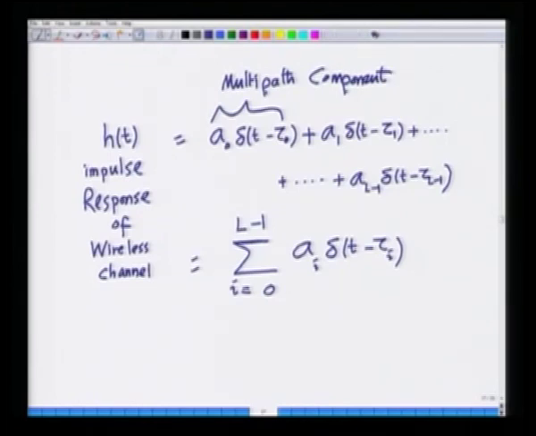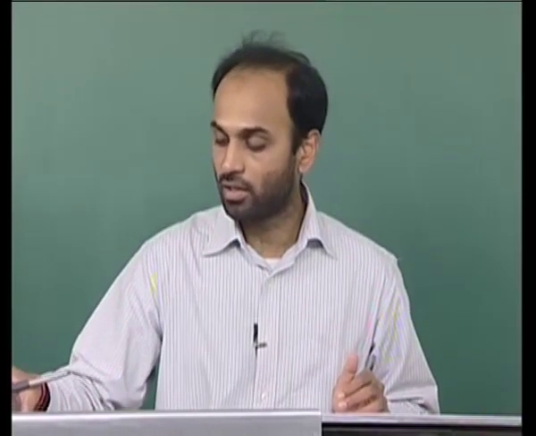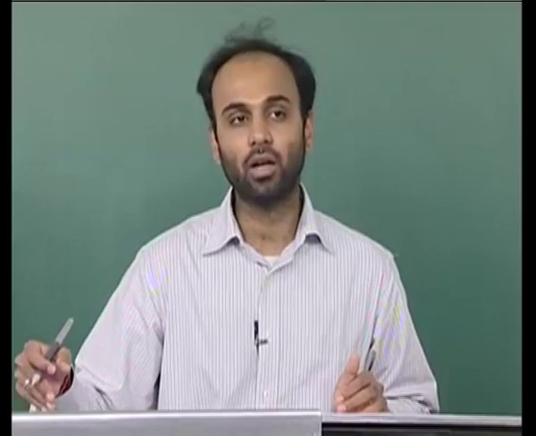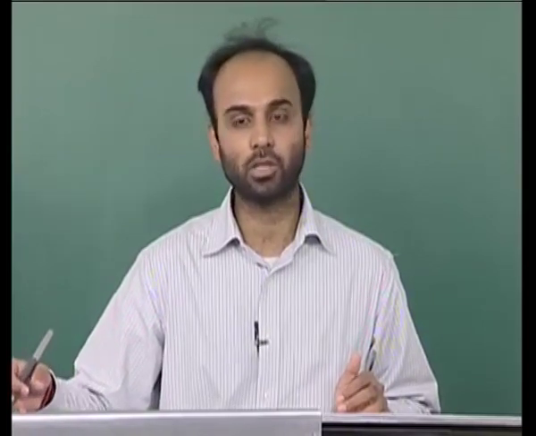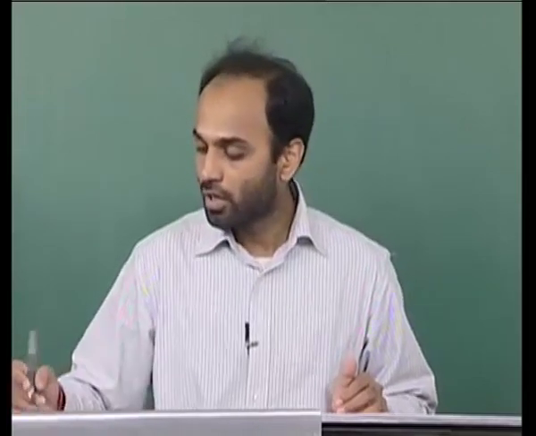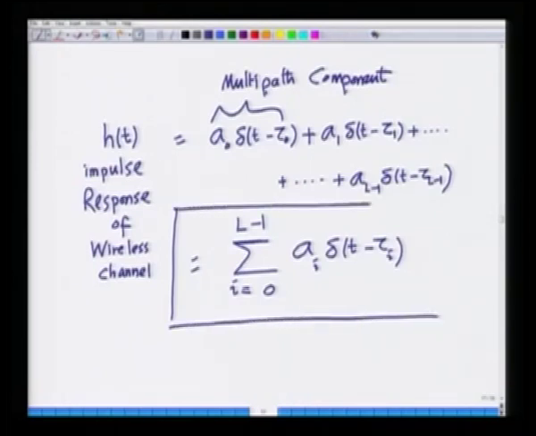So, each component which corresponds to a path is known as a multipath component. This channel that we have described here has L multipath components. One of them, index 0, is the line of sight component. The other ones from index 1 to L minus 1 are the non line of sight or the scatter components. Alright. So, this essentially is going to be for us the impulse response of the wireless channel.